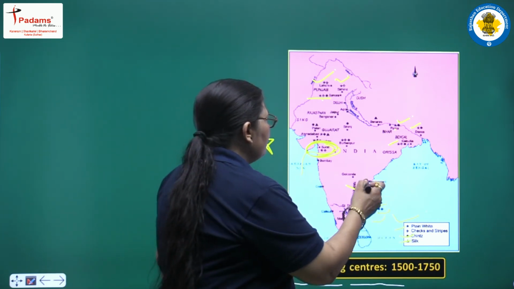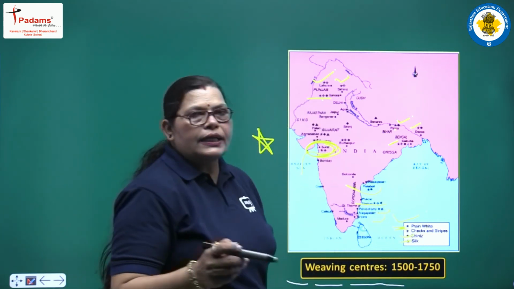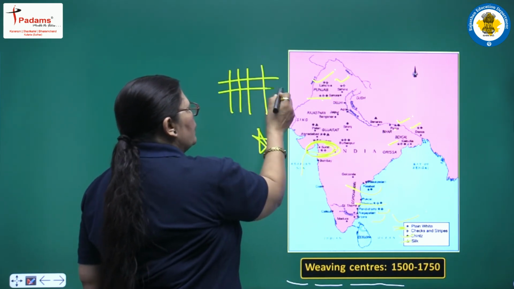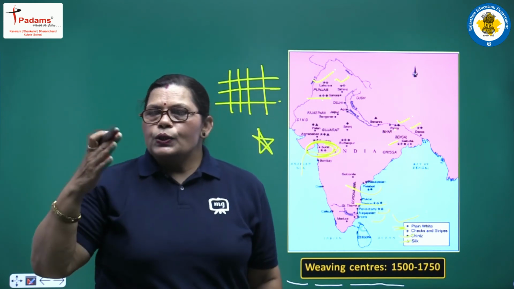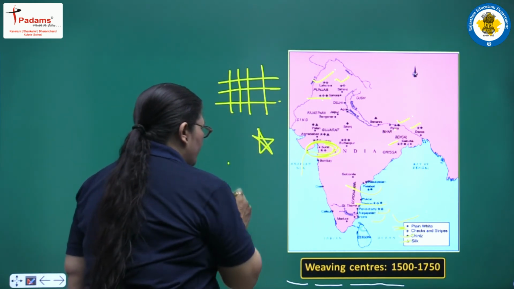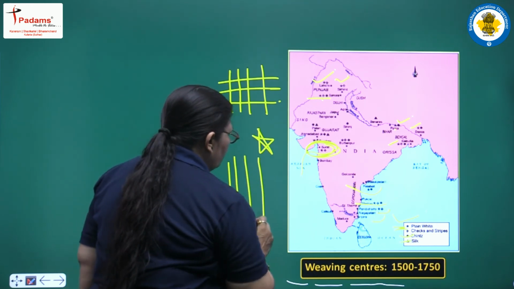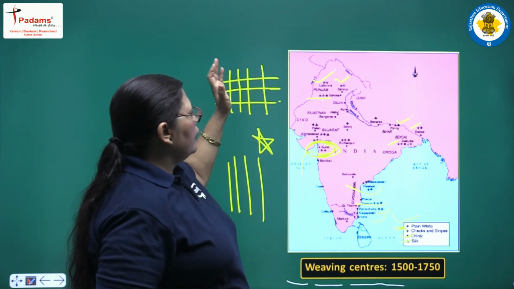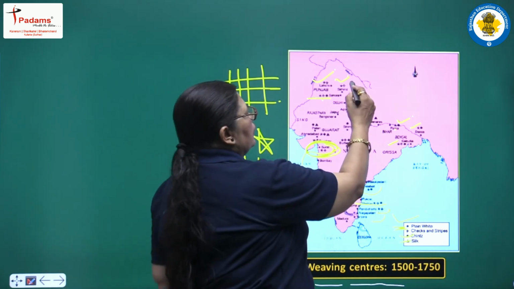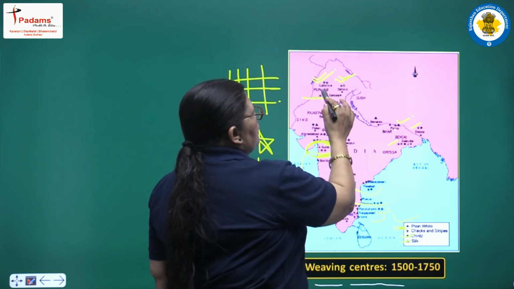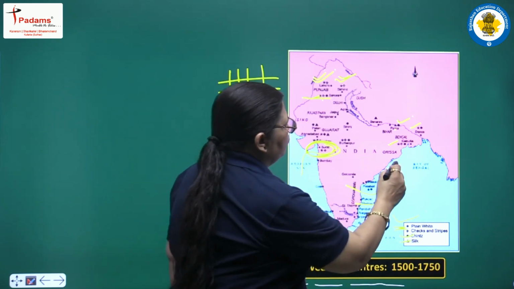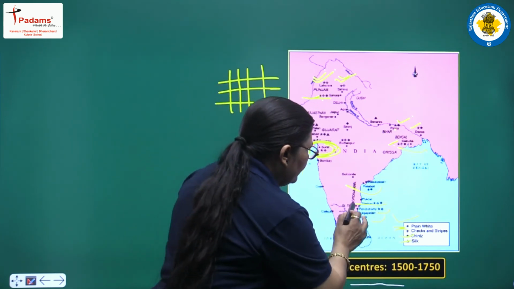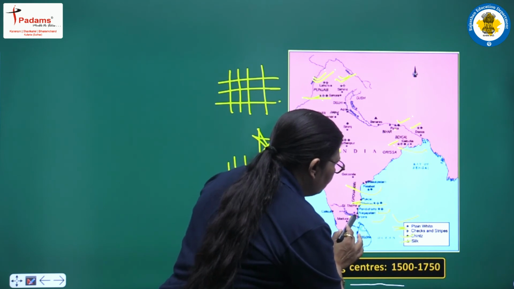Okay, and when we are discussing the checks and stripes, what is this, students? आपने देखा होगा चेक की शर्ट पहने हुए लोगों को, तो ये जो चेक्स बनाए जाते थे, ऐसे कपड़े बनाए जाते थे, या फिर ये जो स्ट्रिप्स के कपड़े, लंबी लंबी स्ट्रिप्स के कपड़े बनाए जाते थे, इनका भी एक अलग ही स्पेशल जगह था जब हम बात करते हैं सिरहिंद, लाहौर, समाना, and what about this one, we had discussed here also in Calcutta, and here in Madras and in Pondicherry.